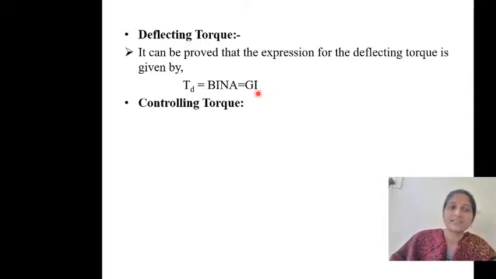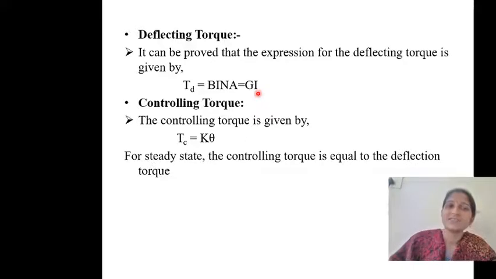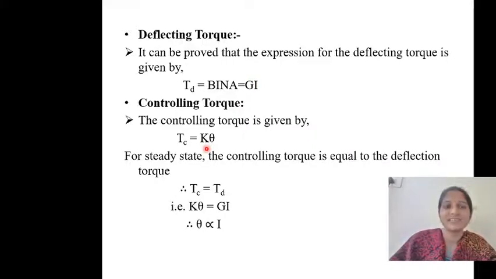Next, controlling torque. The controlling torque here is spring control. As we already studied, for spring control, TC is equal to K into theta, where K is the spring constant. At equilibrium, at steady state, the deflecting torque should be equal to the controlling torque. So G into I is equal to K into theta.